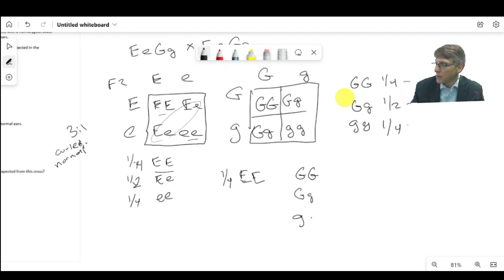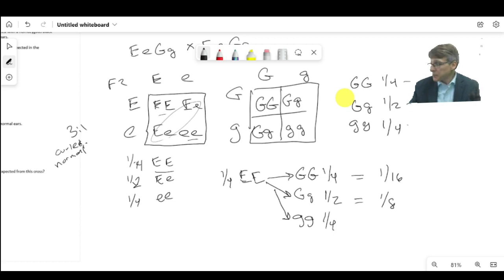So we would have all of these possibilities, and this would be 1/4, 1/2, and 1/4. So 1/4 times 1/4 is 1/16 of the time we're going to get big E, big G. 1/8 of the time we're going to get big E, big G, little g.